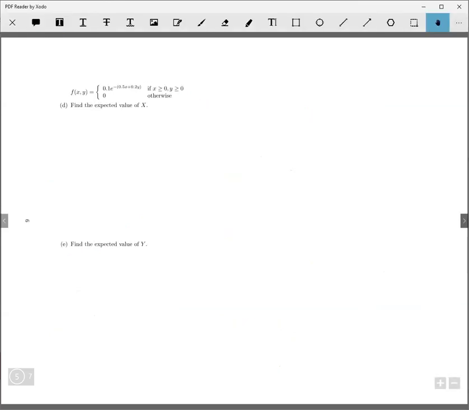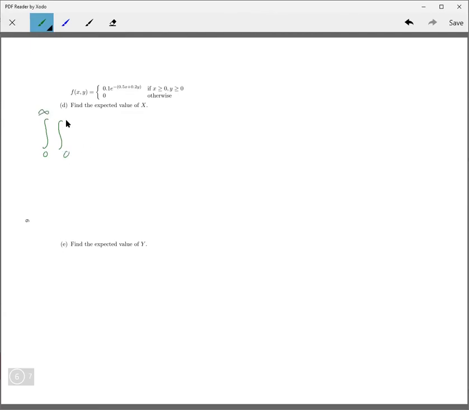Okay, then part D was to find the expected value of x. And for the expected value of x, you're still going to integrate from 0 to infinity, but you're going to multiply by x.